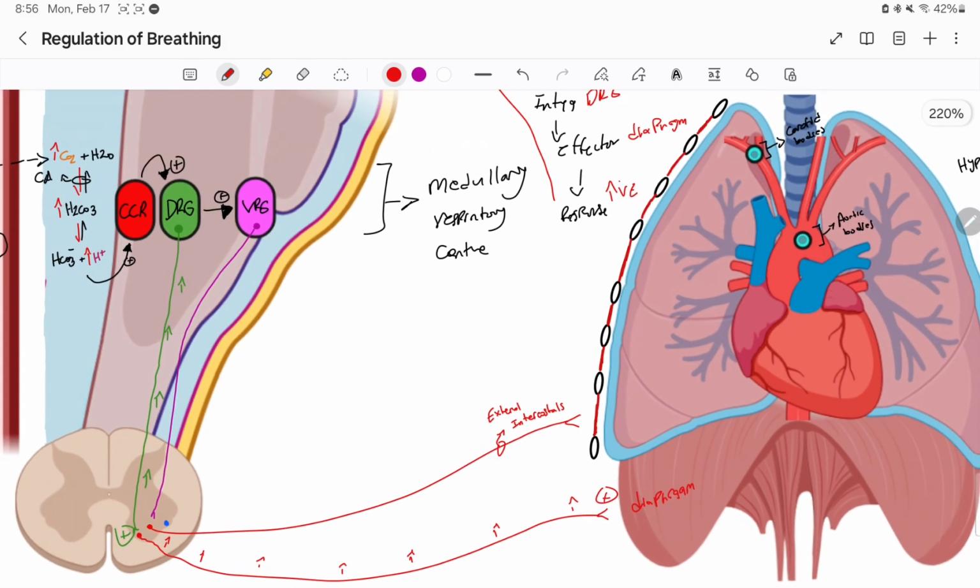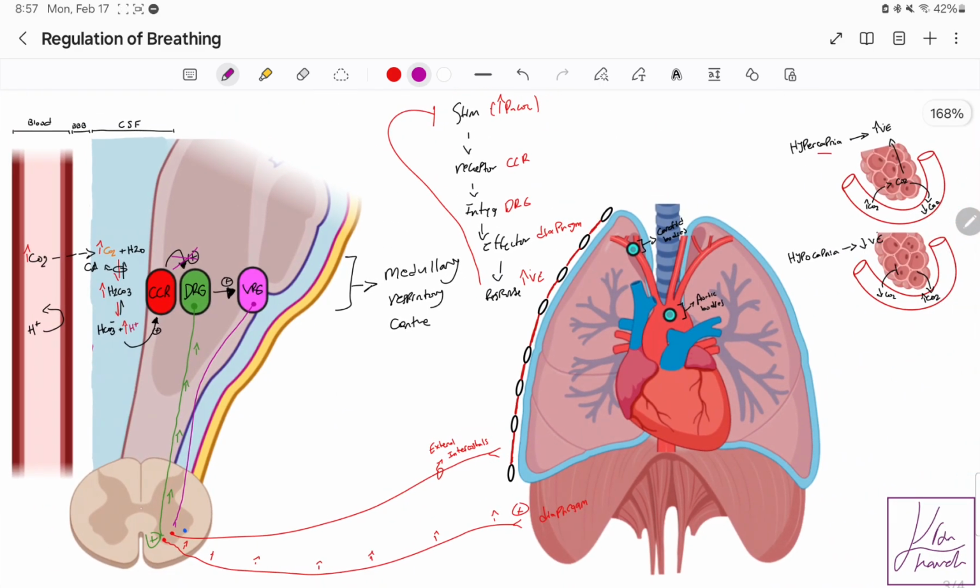Okay, cool. And then you guys know that when this inspiration is done and expiration is initiated, what happens? The DRG is no longer being stimulated. Why?